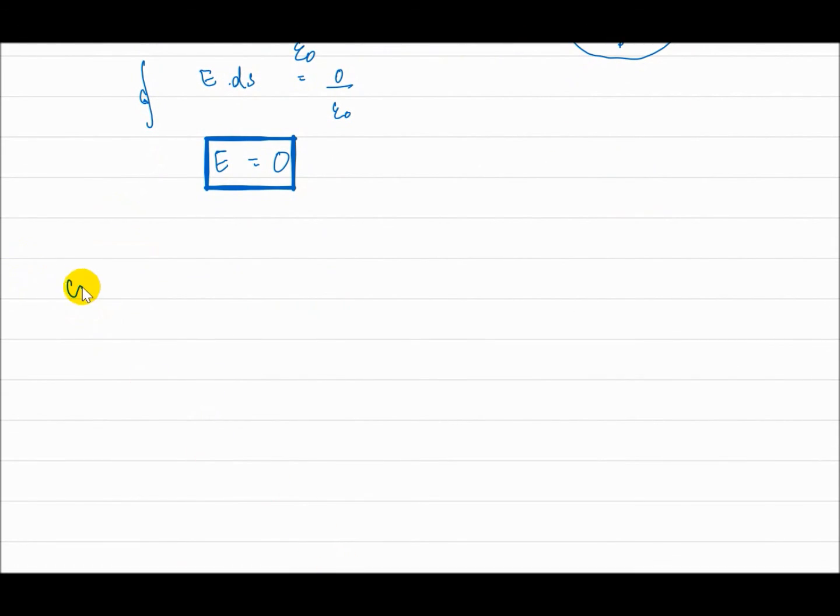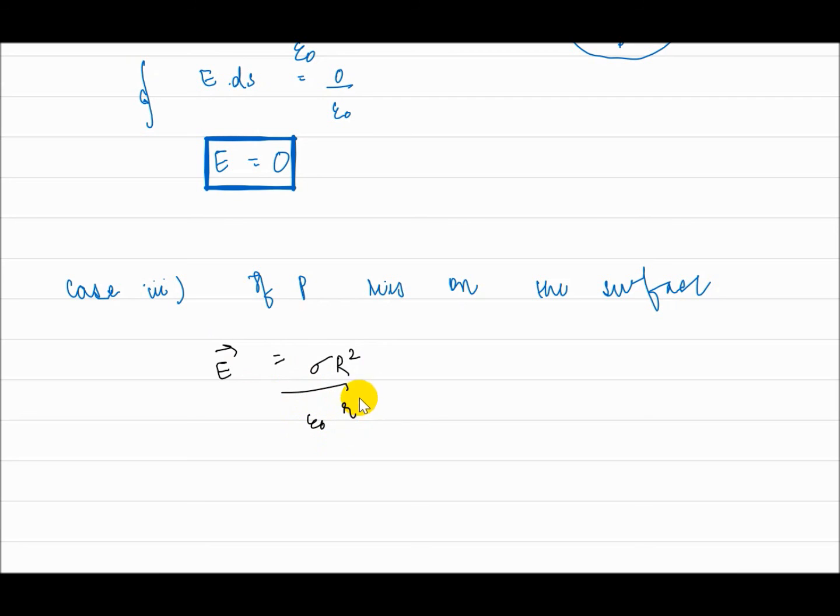Now, case 3. If P lies on the surface of the sphere, then we know E is equals to sigma R square upon epsilon naught r square, small r being the distance of the point.